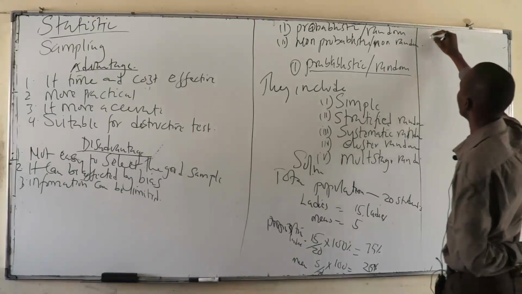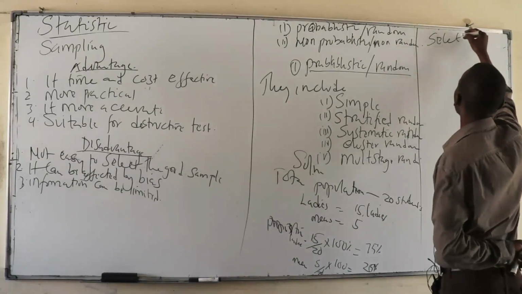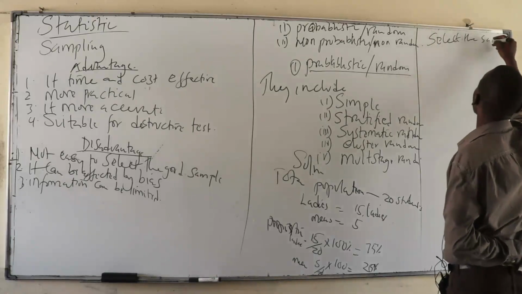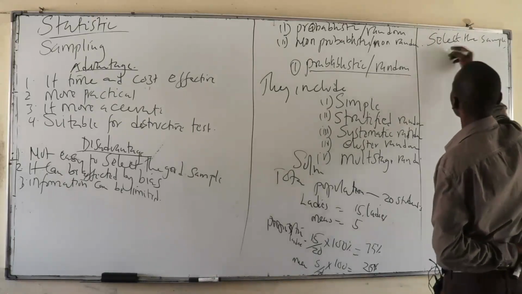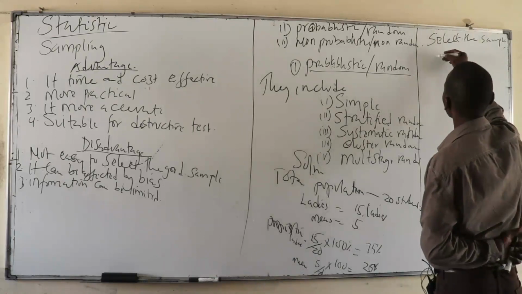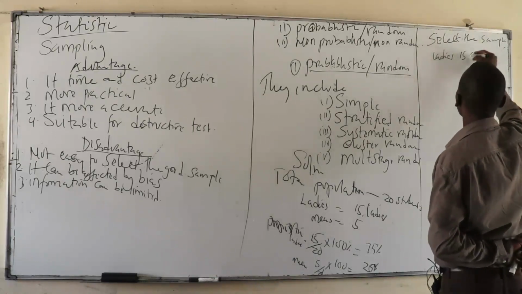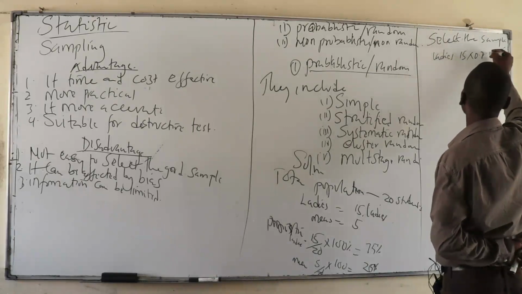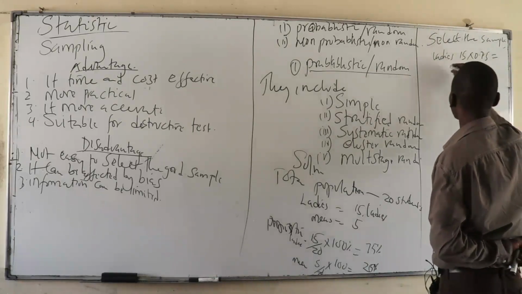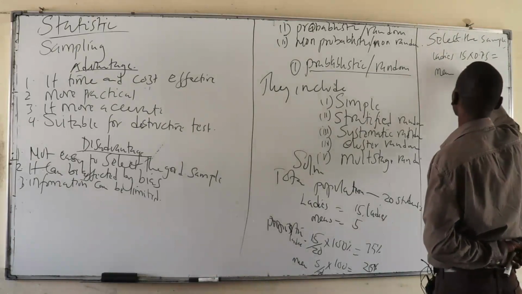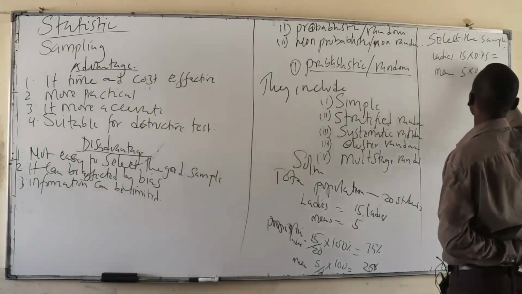Then the last stage, you select the sample. So for each strata, we have 2 strata. For ladies, you select 15 times 0.75, and for men, 5 times 0.25.